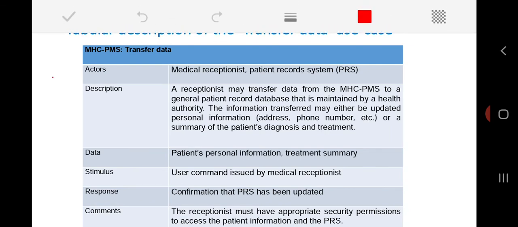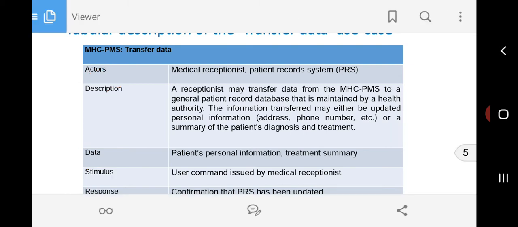What are those? Who are the actors for that interaction? What is the description of that interaction? What data is involved? What is the stimulus? Stimulus is the event that makes this particular interaction happen. Then the response, that is the outcome of that particular interaction. Then any other comments related to the interaction that we need to explain here.